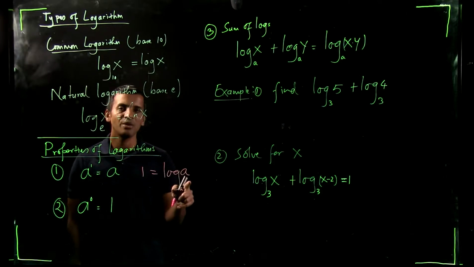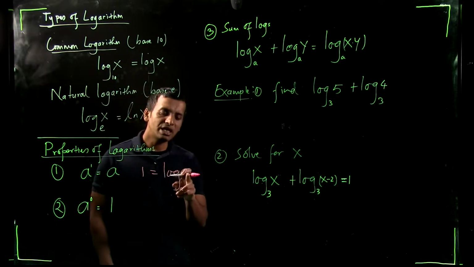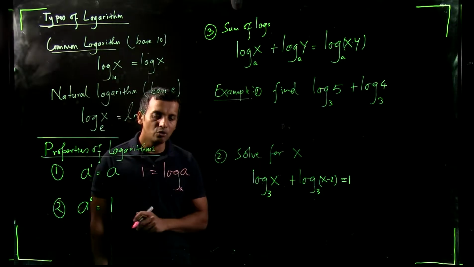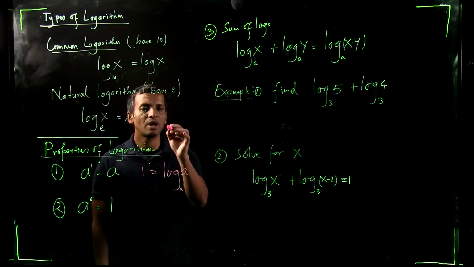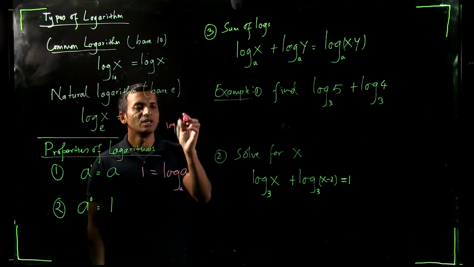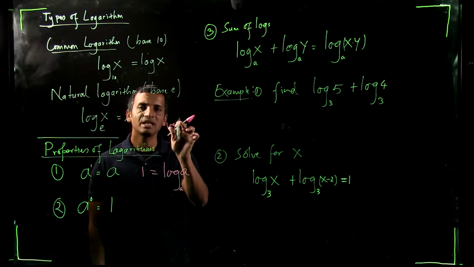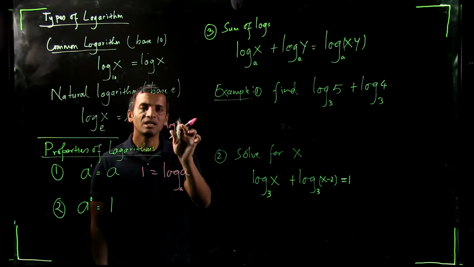So log of a with base a is always 1. If you see the same numbers here, it will be 1. For example, log of 5 with base 5 will be 1, log of 3 with base 3 will be 1. If you see the same base and number in the log, it is always 1.